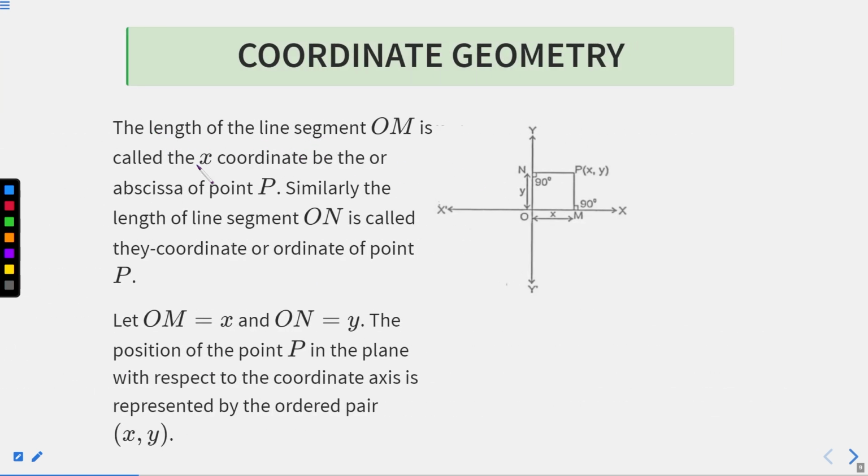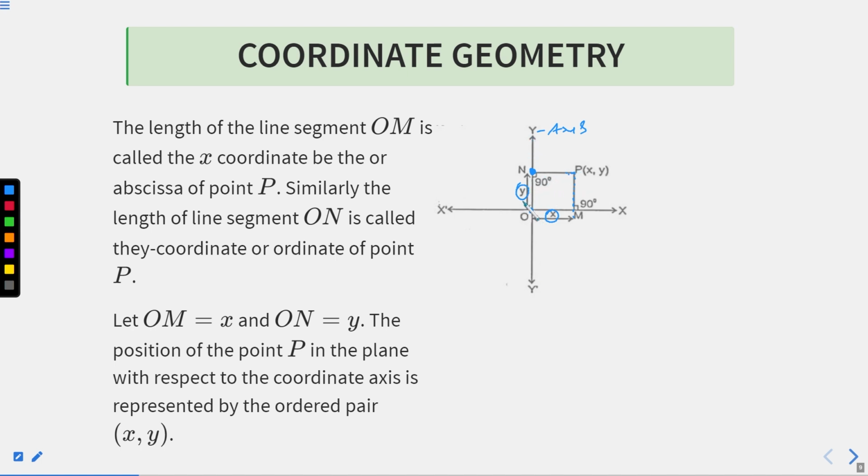The length of the line segment OM, where M is the point at which the perpendicular meets the x-axis, is the distance x. Similarly, it is y for the line we draw from the point P perpendicular to the y-axis.